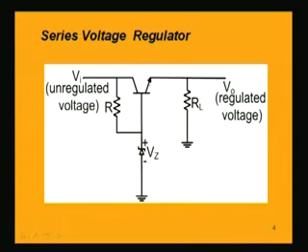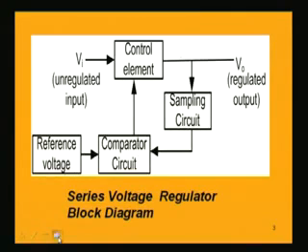This is the control element which controls the output voltage to keep it at a constant level. Now there is a Zener diode also having a Zener voltage Vz, and the reference, as shown in the block diagram previously, this reference voltage is provided by this Zener diode.